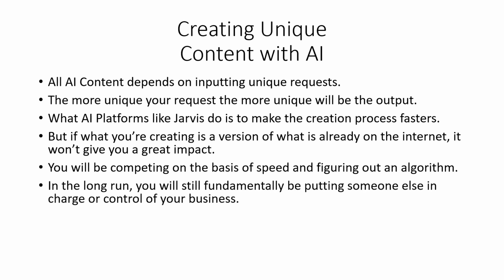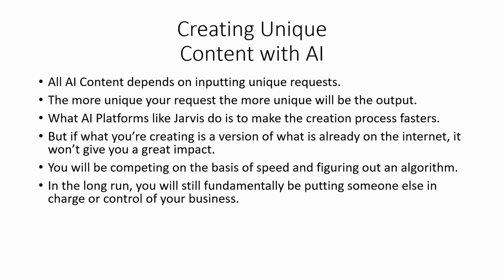In the long run, when you're focusing on some kind of algorithm, or on trying to beat someone on YouTube or Google or even Facebook, you are fundamentally putting your business in somebody else's hands. You want to use the AI in another direction.